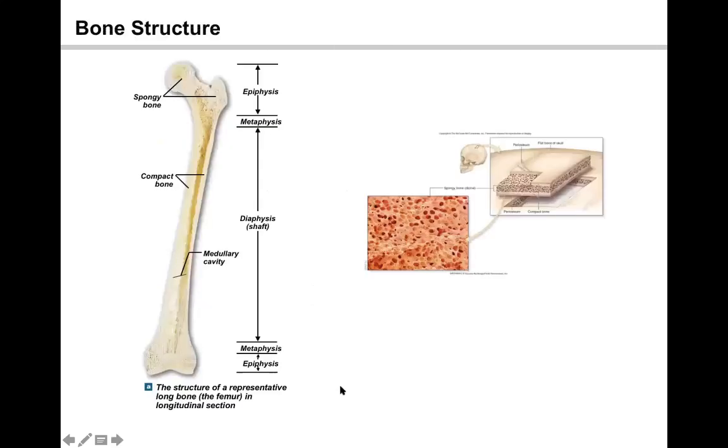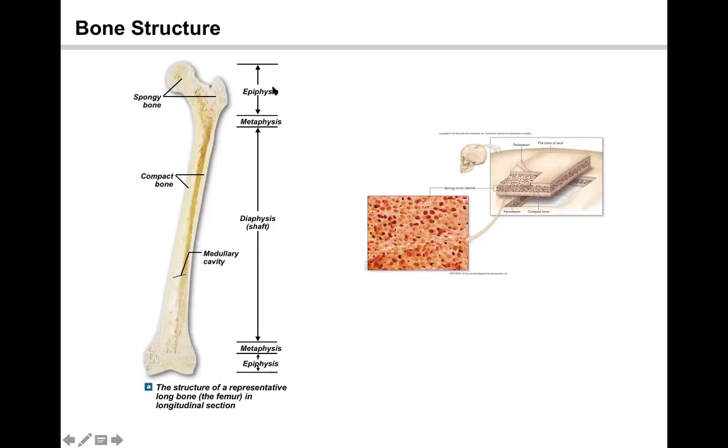So this actually shows you the entire picture of the structure of a long bone, okay? And if you see it here, you will understand that this long bone has two parts. It has the upper end and a lower end, which are known as epiphysis, and a central part, which has the medullary cavity, which is known as the diaphysis or shaft.